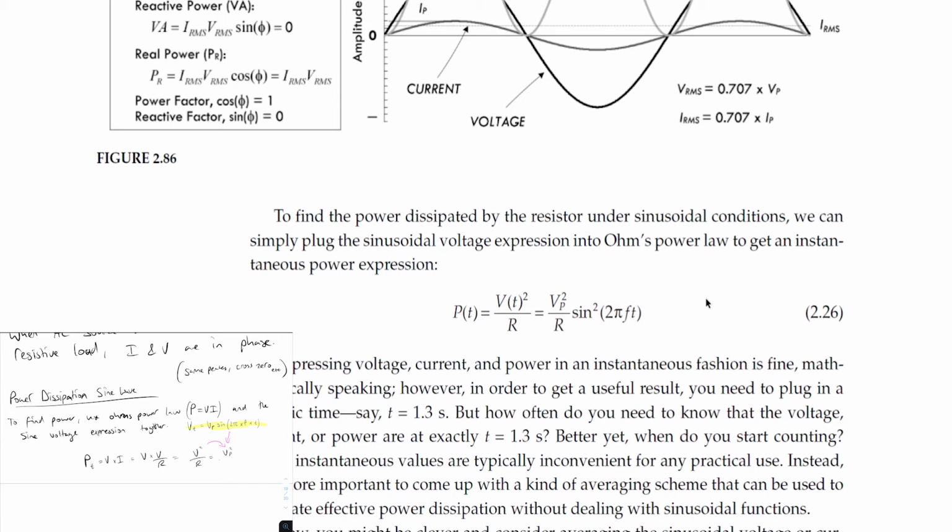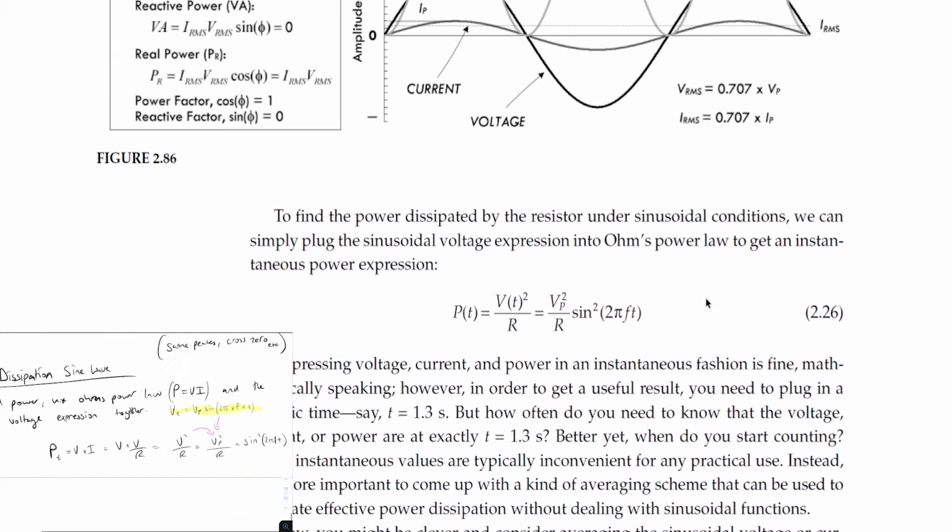I'm putting this down here. And so then that equals V squared, voltage peak, divided by R, then times sine squared, and then just the normal 2 pi frequency.